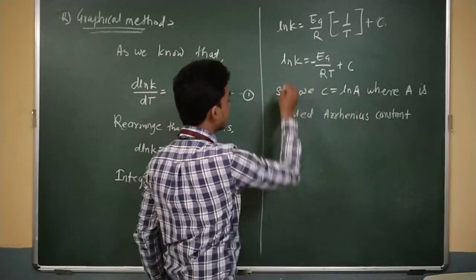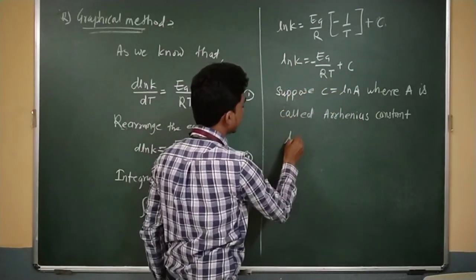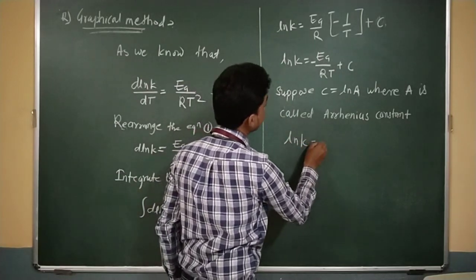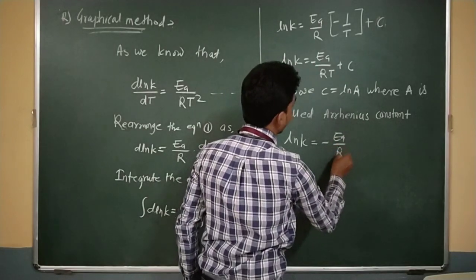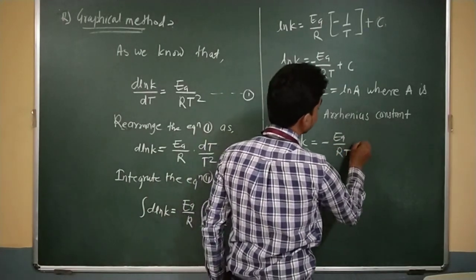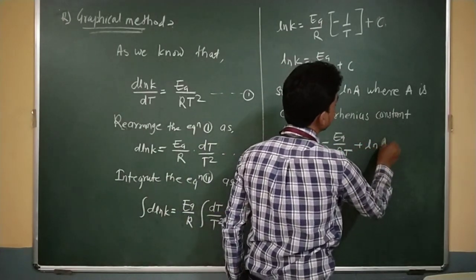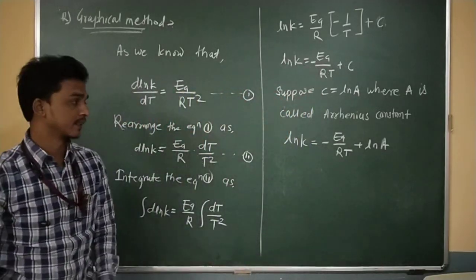So I can write ln k is equal to minus Ea upon RT plus ln A.